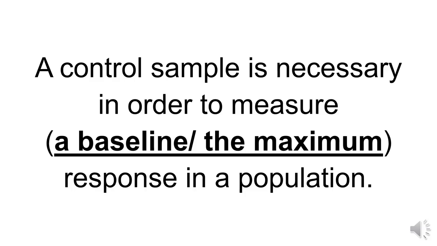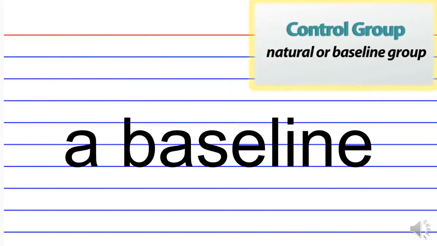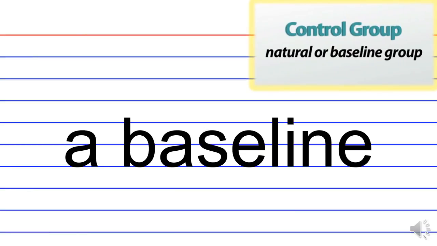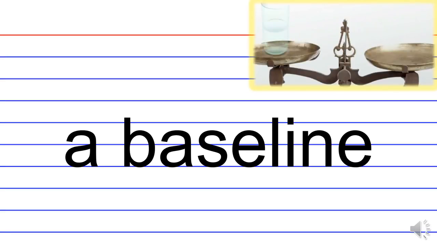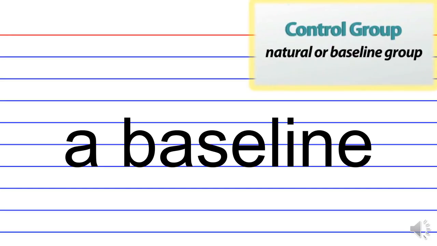A control sample is necessary in order to measure, is it a baseline or the maximum response in a population? Which answer is it? And the answer is baseline. So let's say you have a population of students and you're testing the amount that drinks water, the amount of caffeine usage.